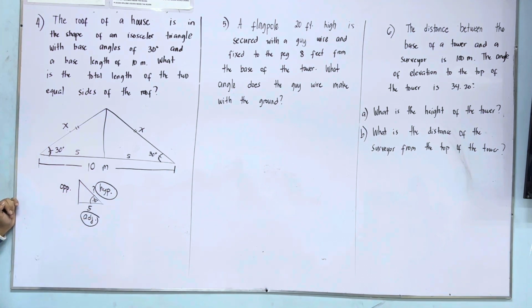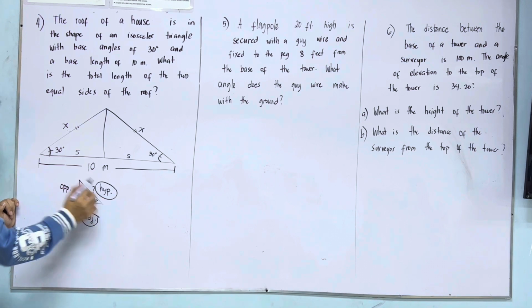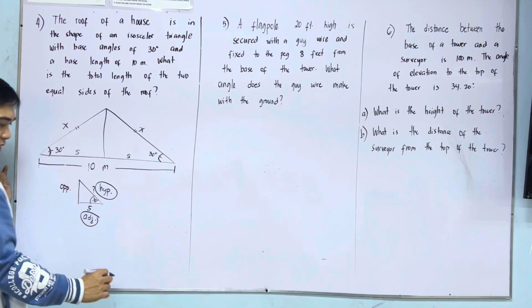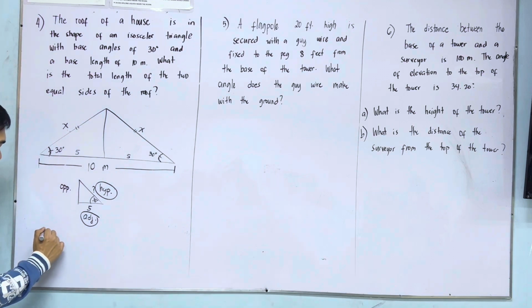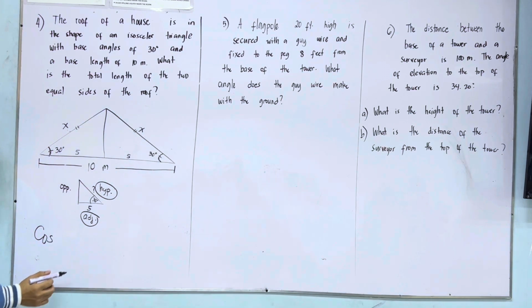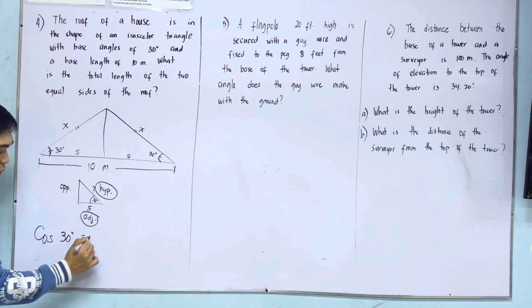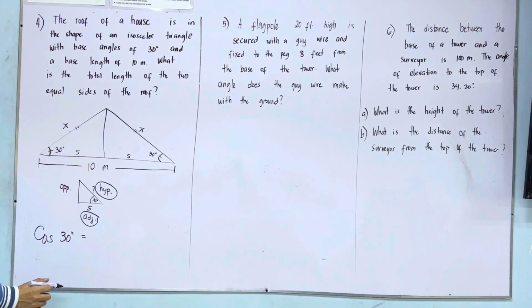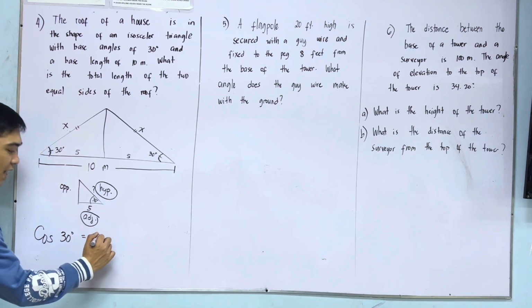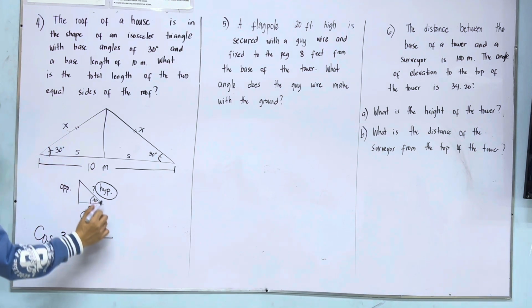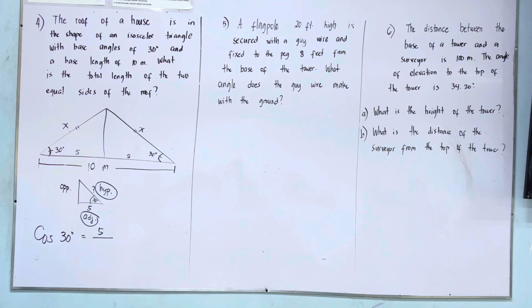So anong function? A and H, so we will be using cosine. Cosine 30 is equal to 5 over hypotenuse.